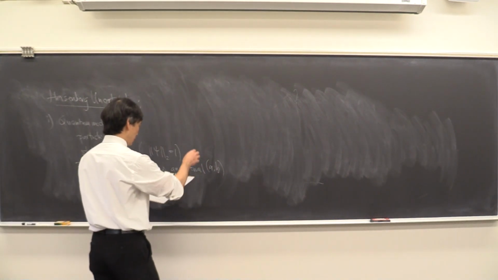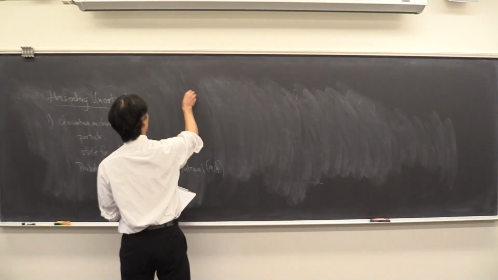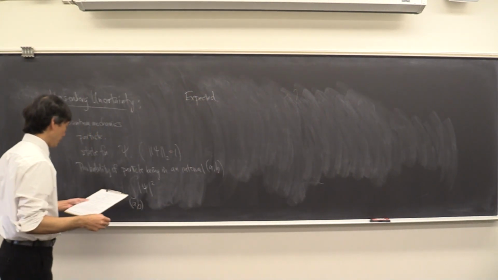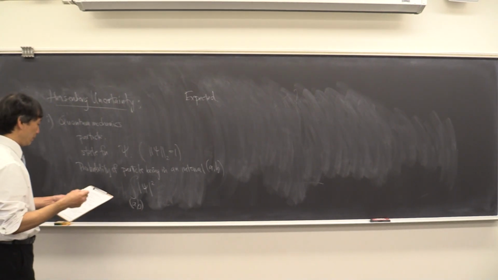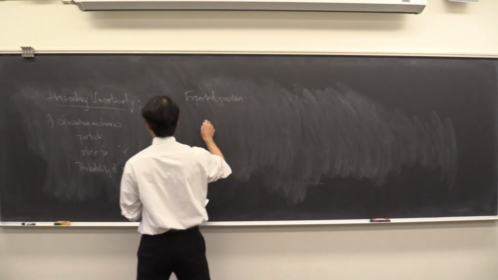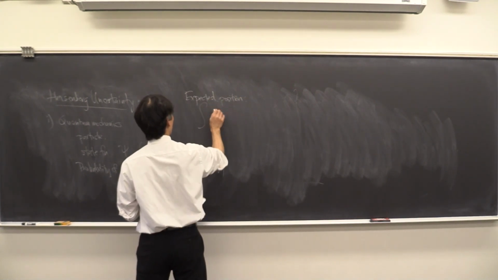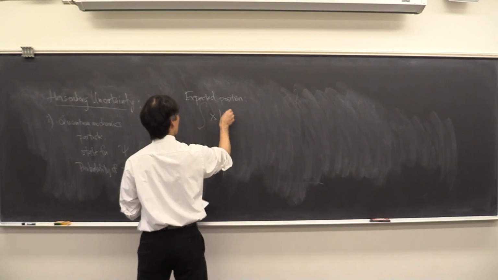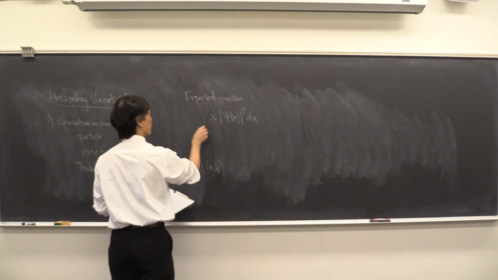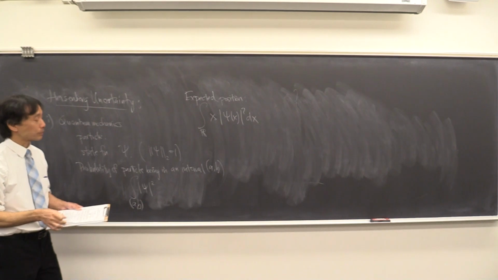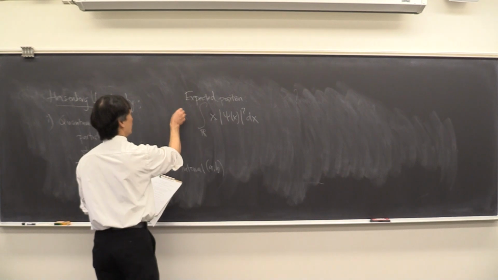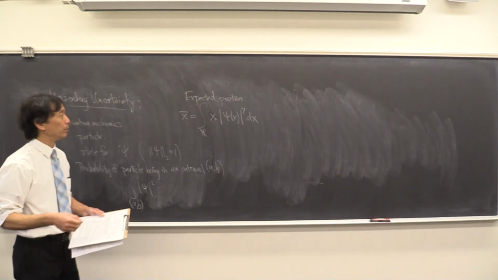Then the expected position is going to be the integral of x times that over all of R. That is denoted by x bar.